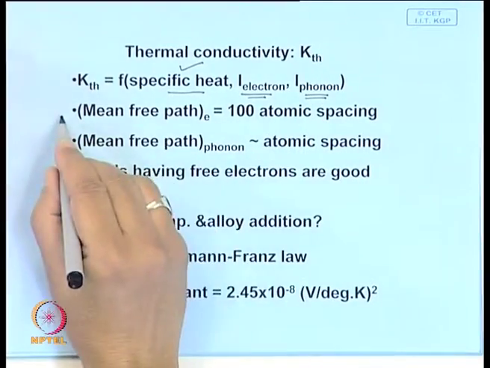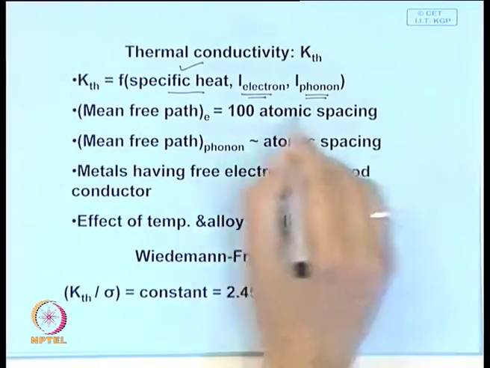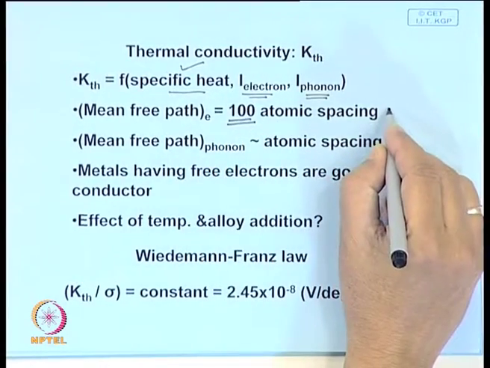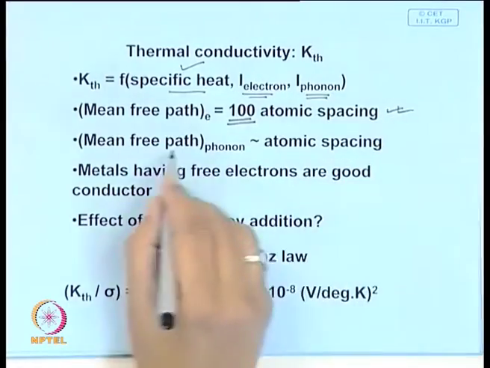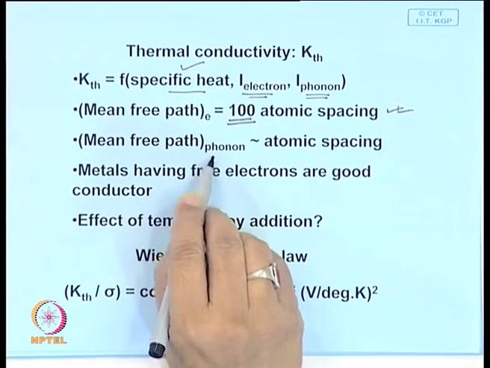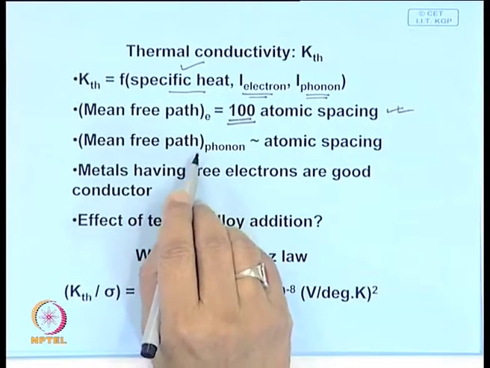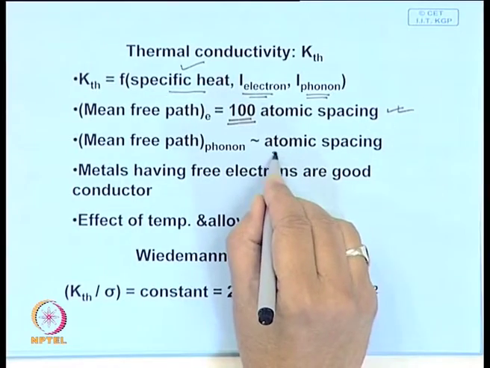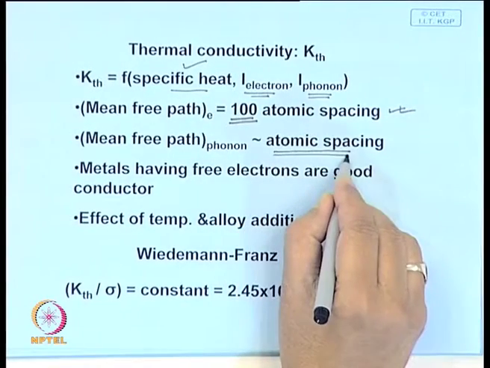Now, the mean free path of electrons we have just seen is of the order of 100 atomic spacings, whereas the mean free path of phonons is much smaller, because these wavelengths are small. They get scattered very easily, and it is of the order of atomic spacing.